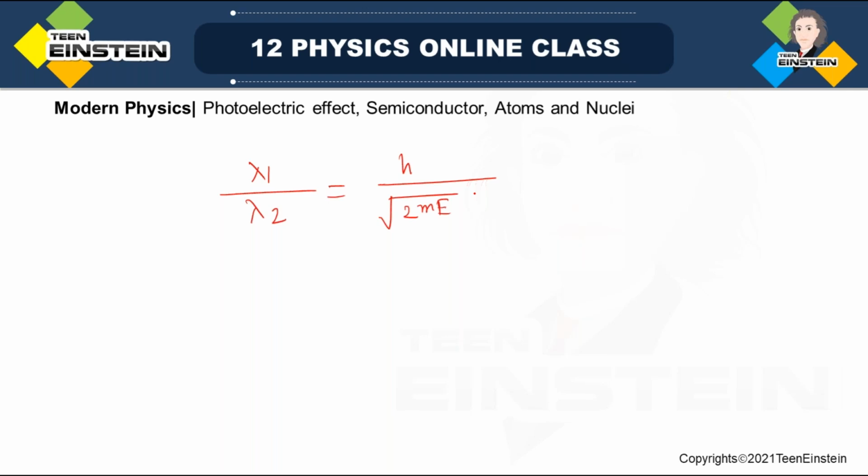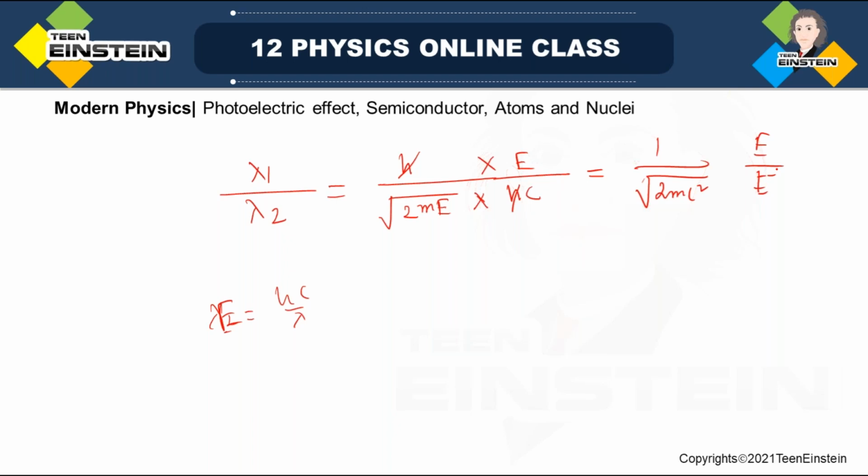Lambda 1 is the wavelength of the proton, which is h by P, that is h by square root of 2mE.